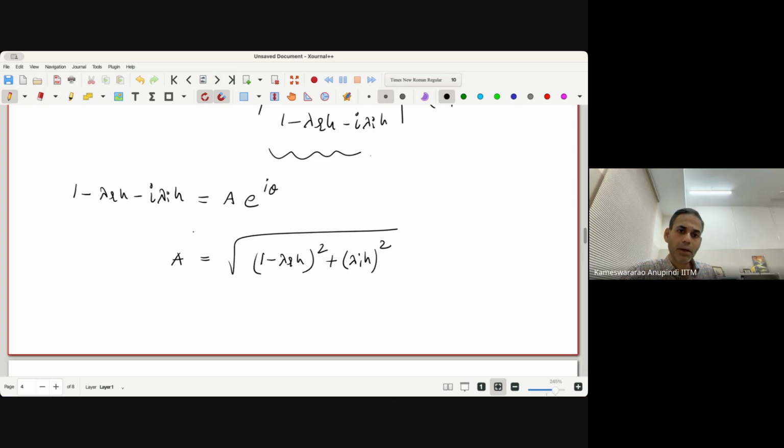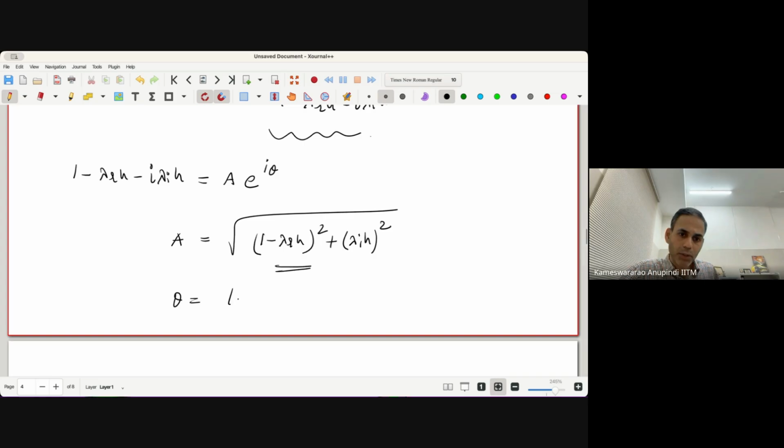Okay, because this is going to be minus i square, and i square is minus 1, so you get a plus. So this is what you would get for the amplitude, and then your theta is going to be tan inverse of the imaginary value divided by the real value. That means you're going to get tan inverse of minus lambda I h divided by 1 minus lambda R h, right?